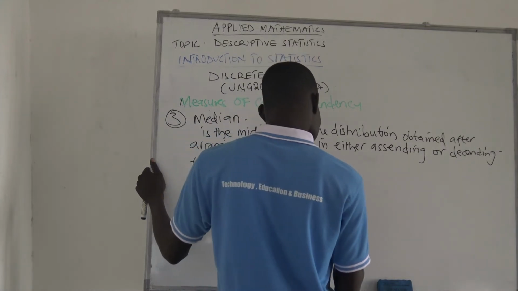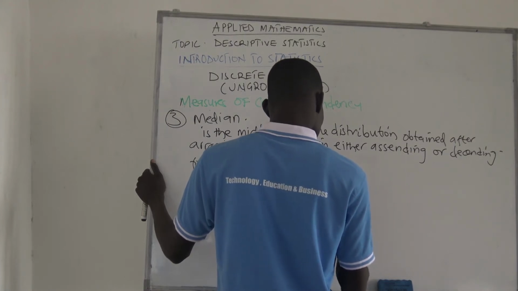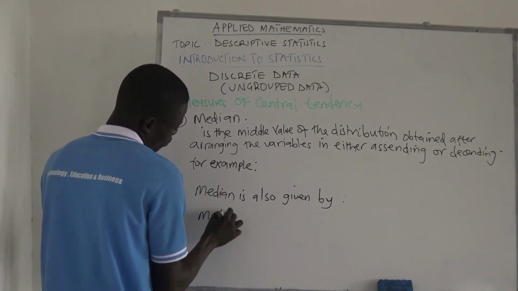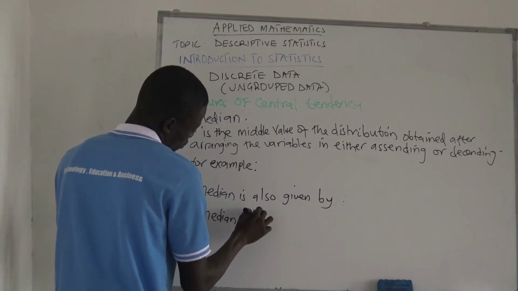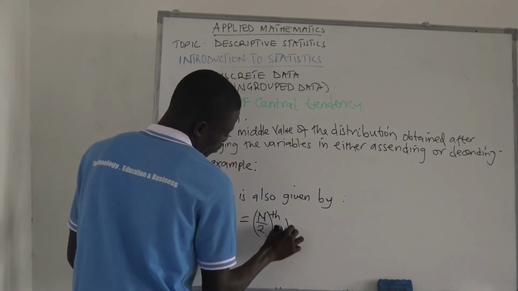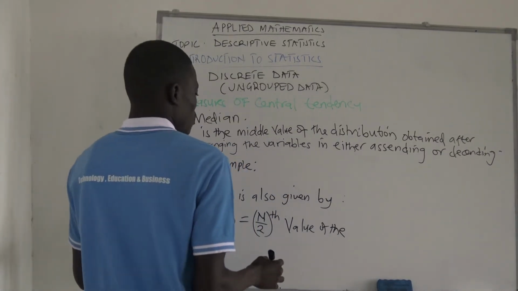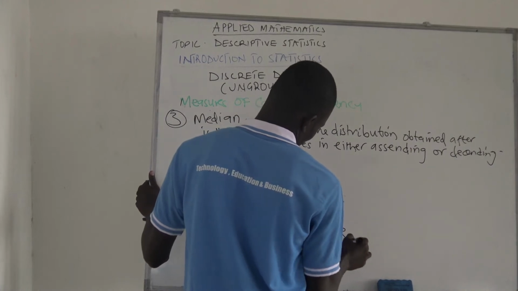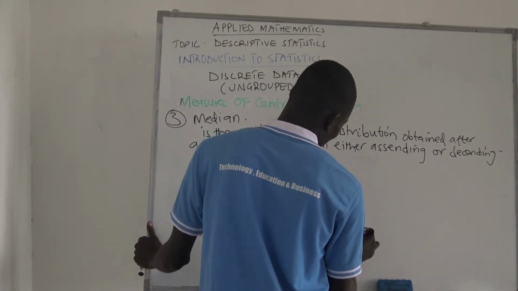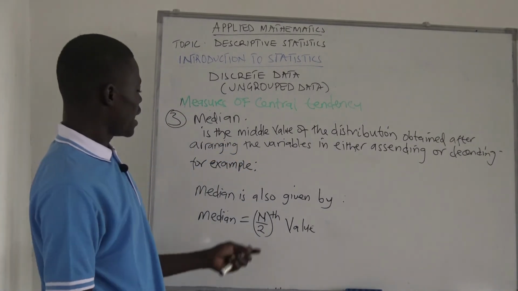Median is given by n out of 2 of the cumulative frequency.